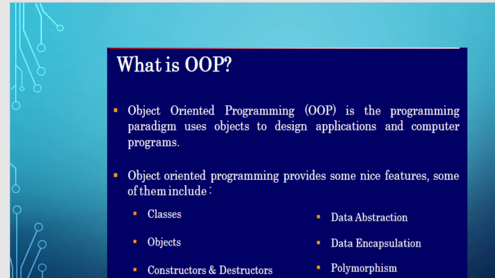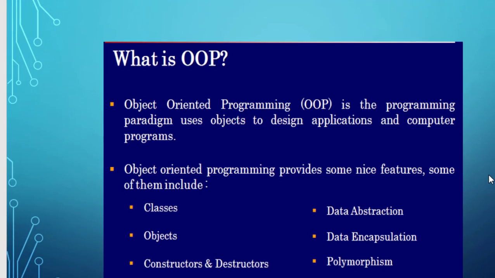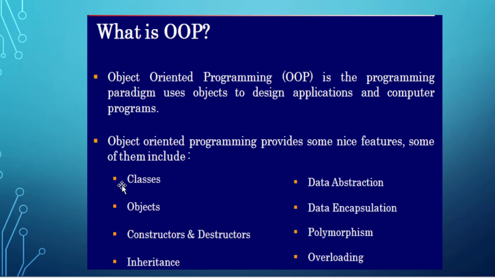Now, the object-oriented programming provides some features which include classes, object, constructor and destructor, inheritance, data abstraction, data encapsulation, polymorphism, and overloading. Now we'll see these features one by one.